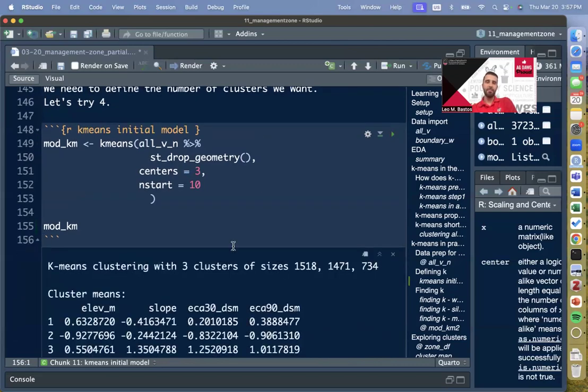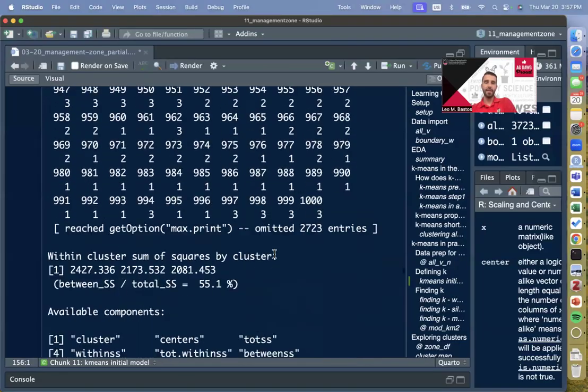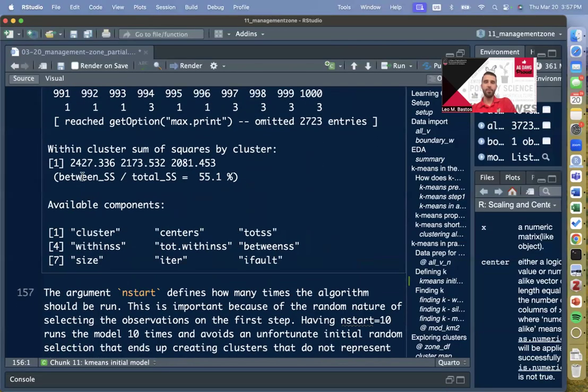Let's print again mod km. And let's go all the way down to check what is our ratio now. So the between sum of the squares by total with 3 clusters decreased to 55%. Okay, so we decrease 1 cluster, the amount that is being explained across clusters decreased.